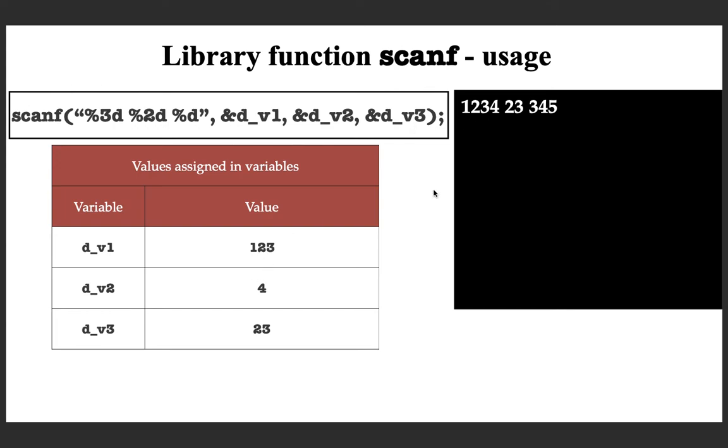Then the problem is, the remaining digits will be taken as the next number. That is why in this next variable I am getting 4 rather than 23. So the next input is 23, and in this particular case 345 is ignored. So here it specifies the maximum field width.